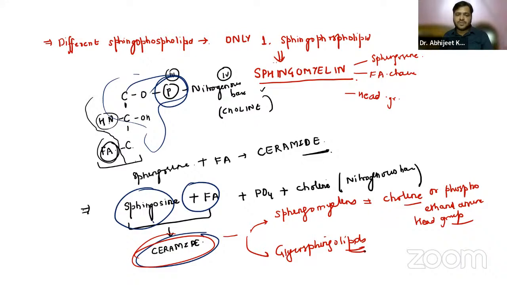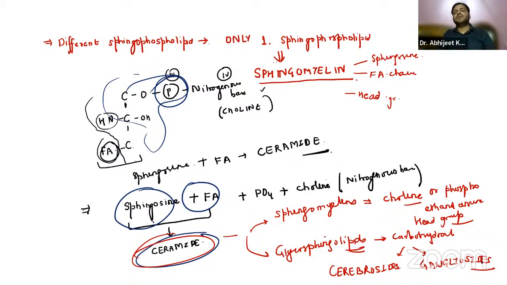These glycosphingolipids basically contain the carbohydrate groups, and they can be classified into two more structures, called cerebrosides and gangliosides, which have multiple sugar residues. So they can be classified on the basis of this as well.